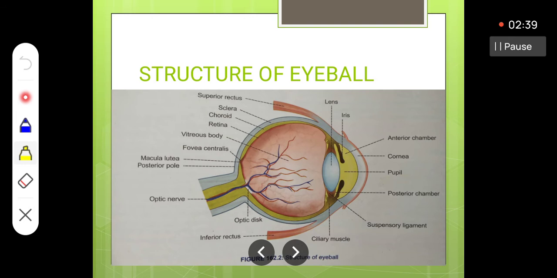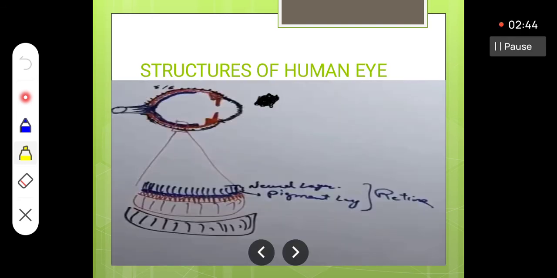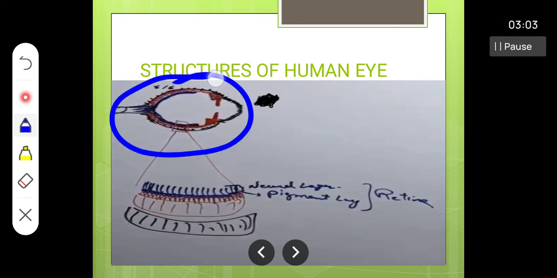I will take you to a handmade diagram now, which will show you what layers the eye contains. First, the outermost part: the anterior 1/6 part is the cornea, and the posterior part is the sclera.